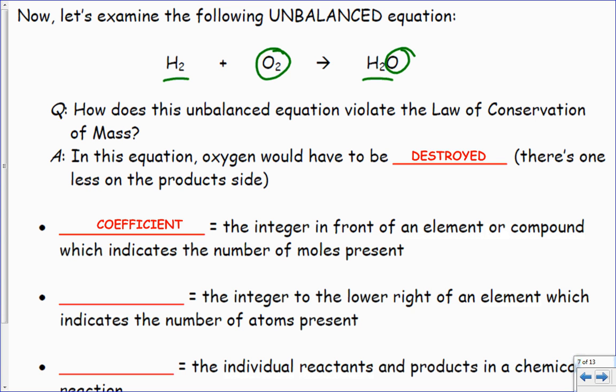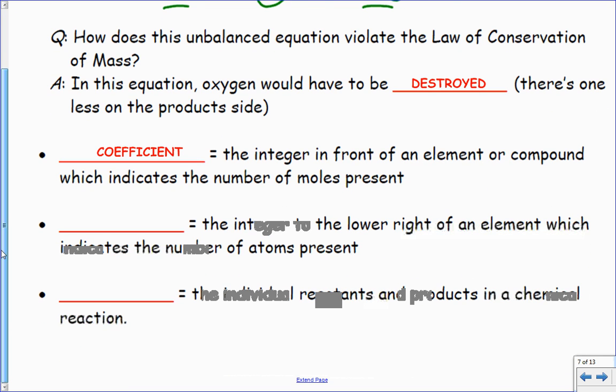Coefficients are going to be the numbers in front of our atoms, just like in math class, that we would distribute. Coefficients will be distributed to all atoms in the compound. Subscripts are within a compound that we're pretty familiar with, and they tell us how many atoms of a particular kind there are directly in front of the subscript.